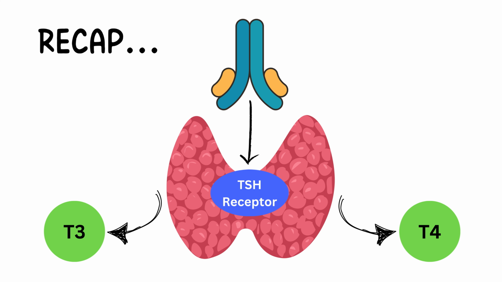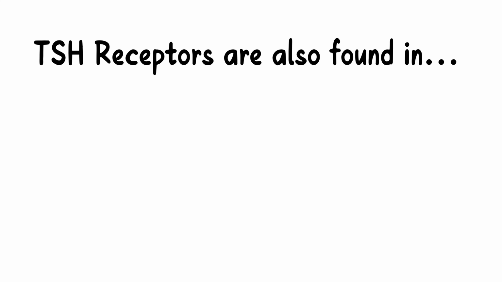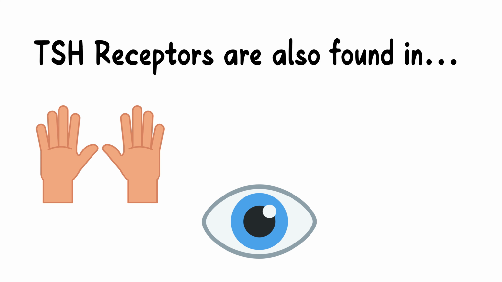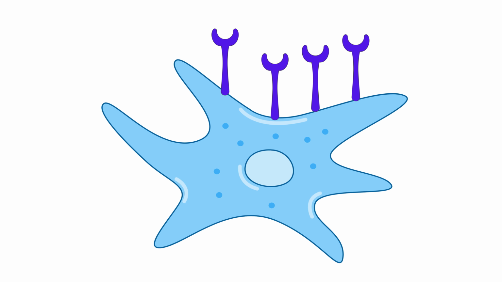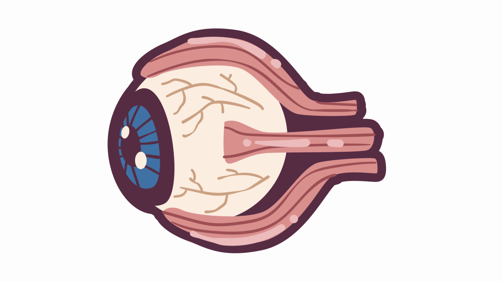Now the thing is, there are a few other places in your body that contain these receptors other than your thyroid gland. These receptors can be found in your eyes, specifically in the orbital fibroblasts, which are the cells in the connective tissue behind the eyes and in the orbital muscle cells.